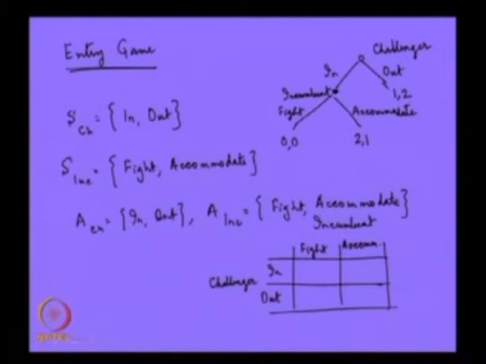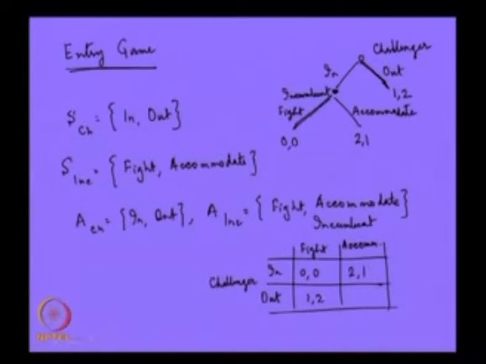Now, let us write down the payoffs to the players. If in fight is the terminal history, it is 0 0. In accommodate, 2 1. Out fight: basically it means 1 2, right?